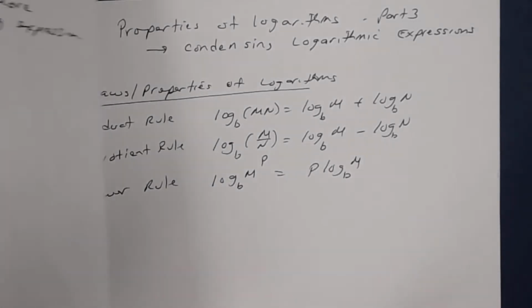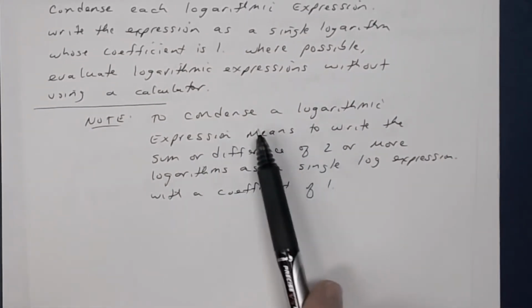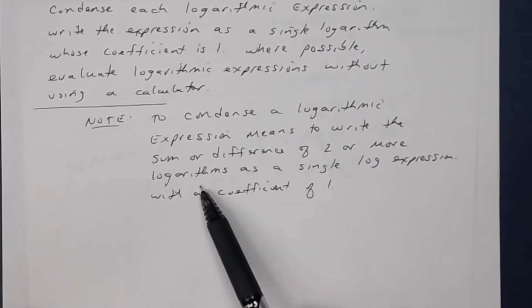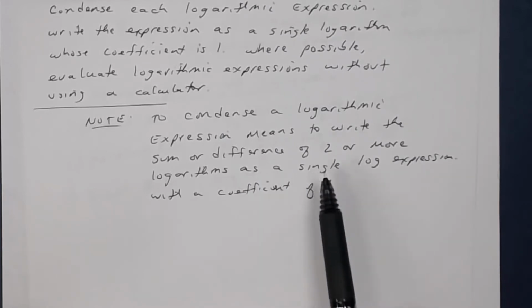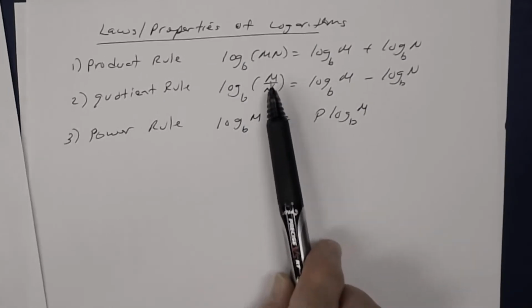So to condense a log expression means to write the sum or difference of two or more logs, that could be 3, there could be 4 altogether, as a single logarithm. So you're going from this state to a single logarithm.